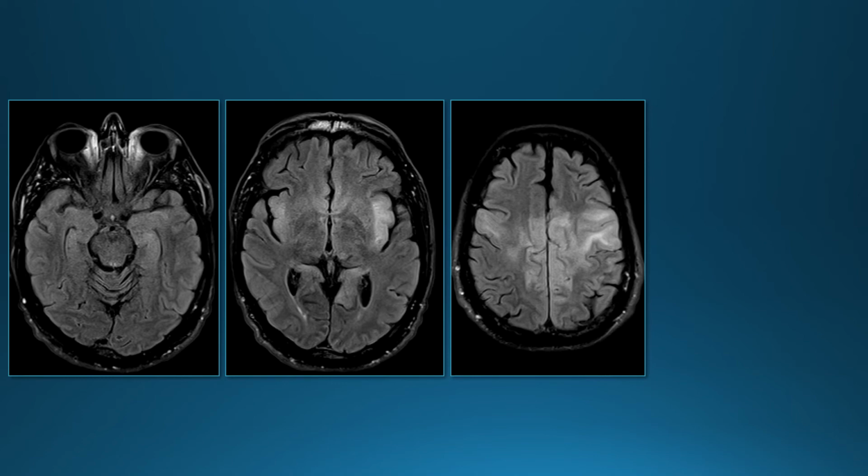MRI is much more impressive, with fairly symmetric signal abnormality on FLAIR. The involvement is most pronounced over the convexities and involves both the cortex and the white matter. So it's not just white matter involvement, it's white matter and cortex, fairly symmetric.